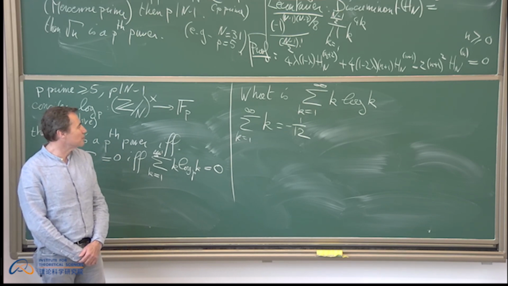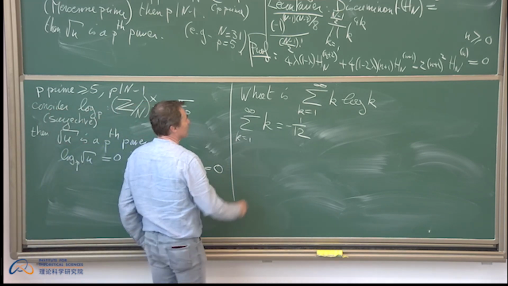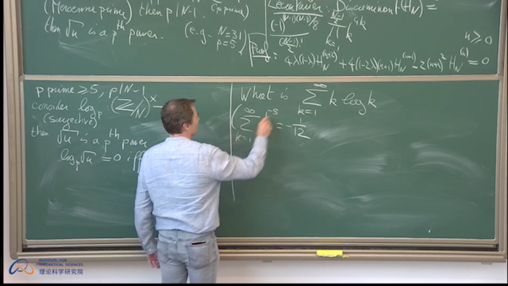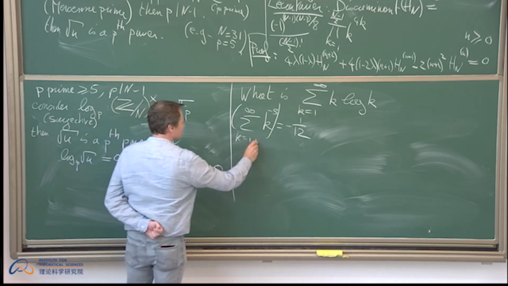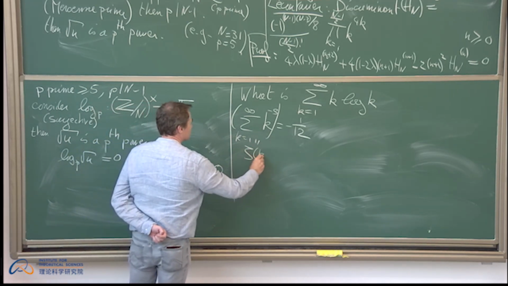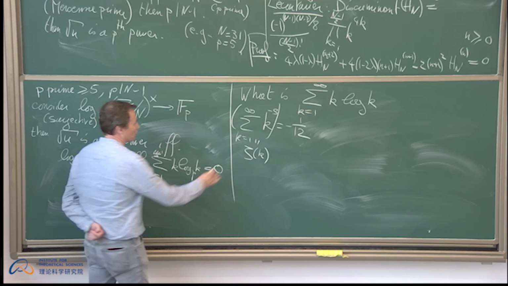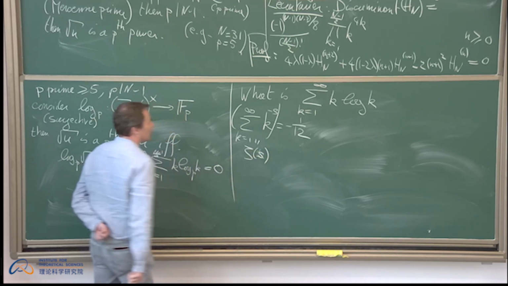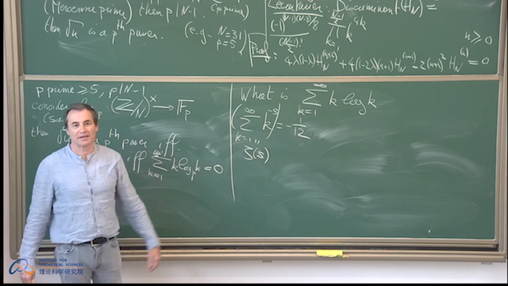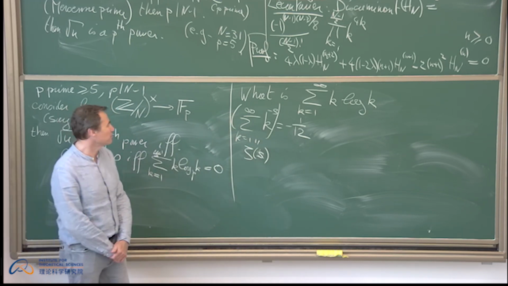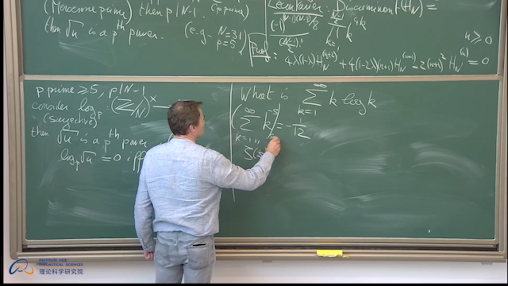Because if you take an s here, then you have the zeta function. And the value at s equal minus 1 of the zeta function is minus 1 over 12.